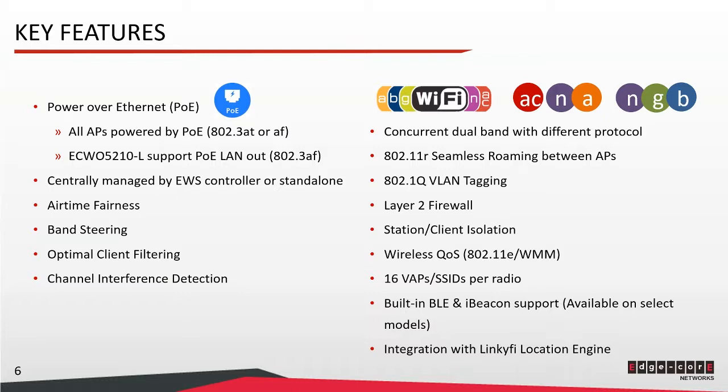For roaming between the APs, our APs support 802.11r to achieve fast roaming. And there is also Layer 2 firewall, as well as station or client isolation to prevent network attacks. In addition, we have wireless QoS for certain packet types. For example, you can select voice packet as the high priority by 802.11e or WNM. We'll cover this later. Last, all EdgeCore APs support up to 16 SSIDs per radio.